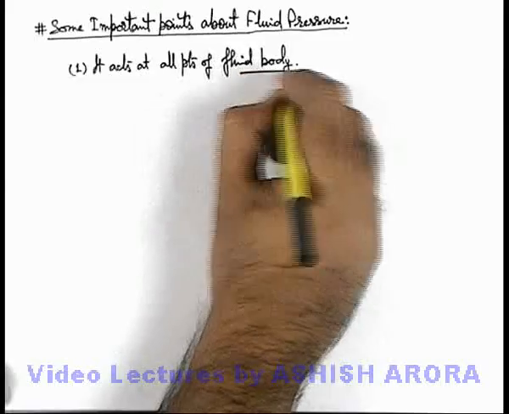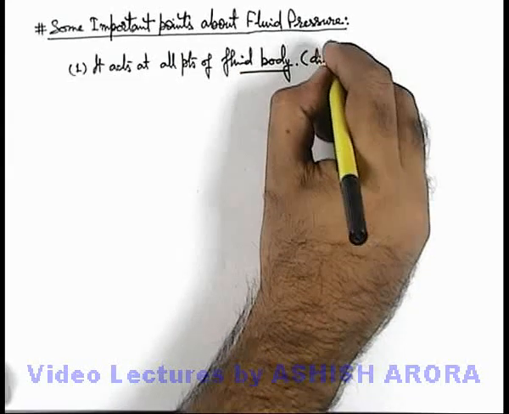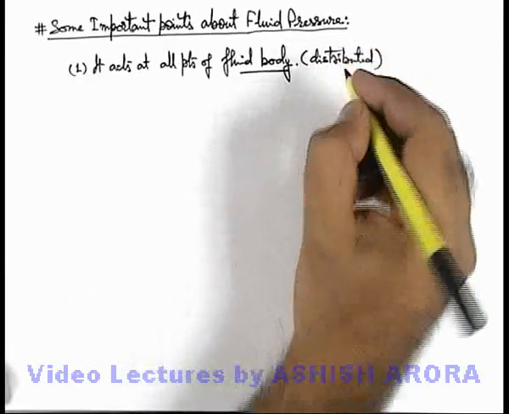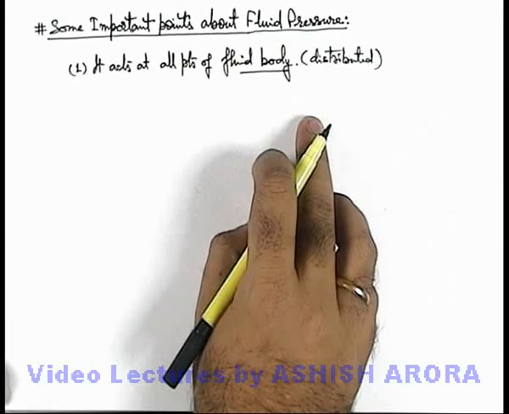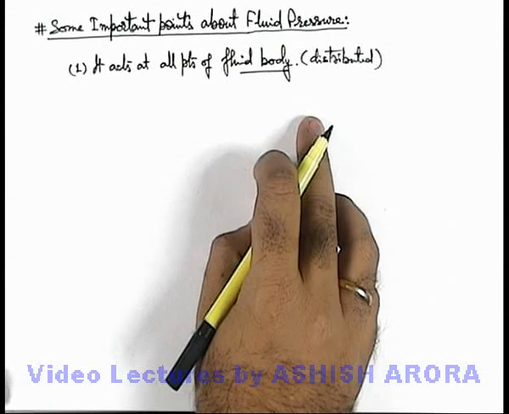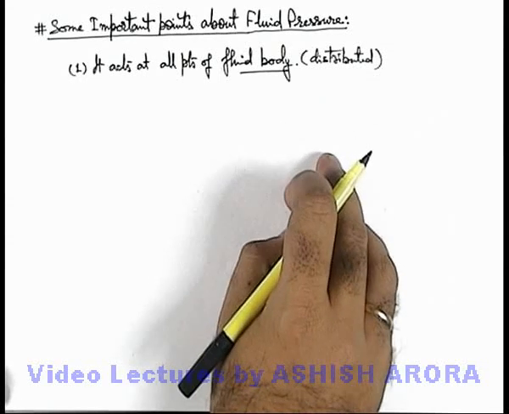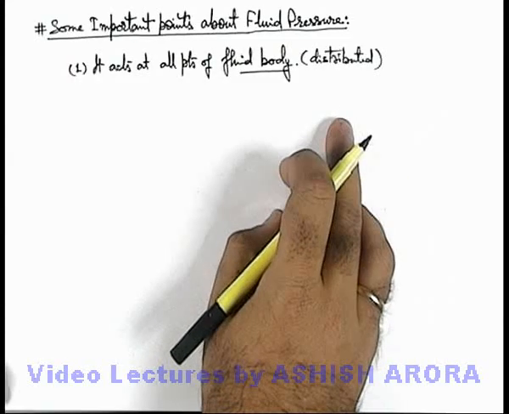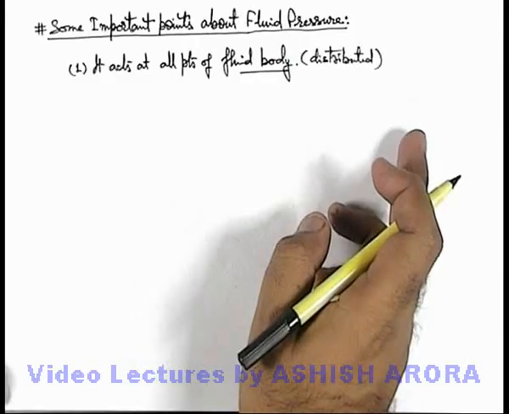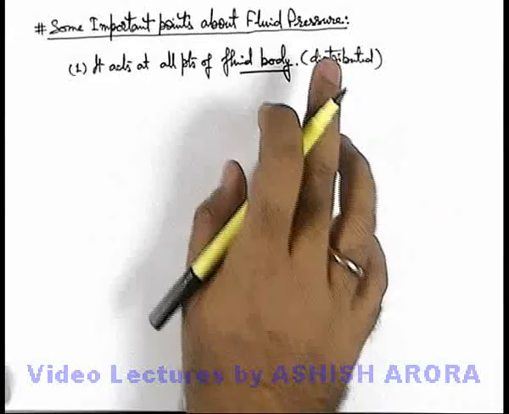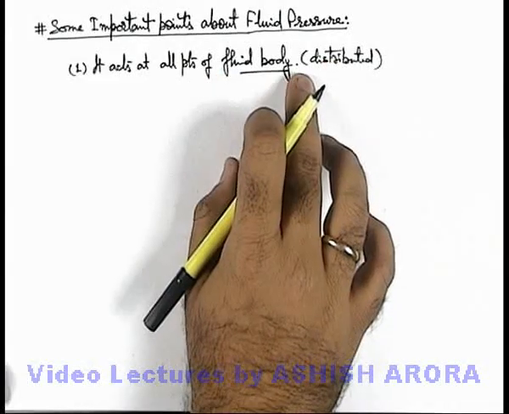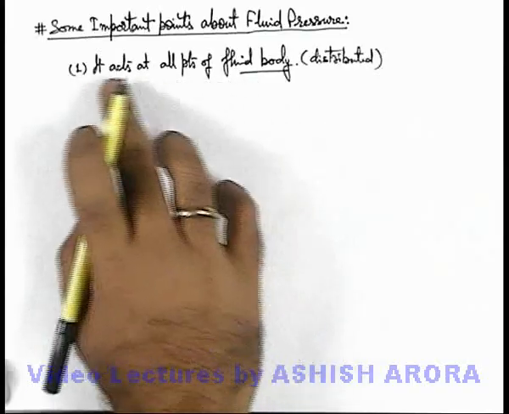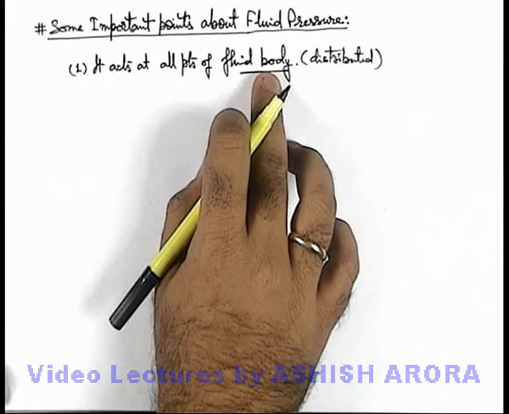As we have discussed, it is distributed, because on the previous slide we discussed that at one point fluid pressure is acting due to the contact by the neighboring particles. If it is in contact with the neighboring particles, those particles will be in contact with other particles, due to which the pressure is distributed throughout the fluid body or in its whole volume. So whenever fluid pressure acts, it acts at all points of the fluid body.